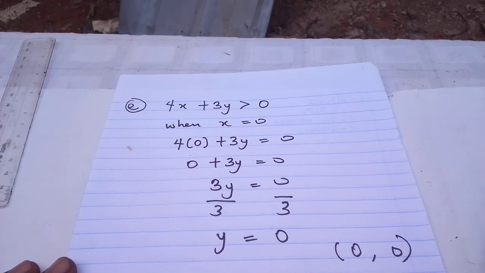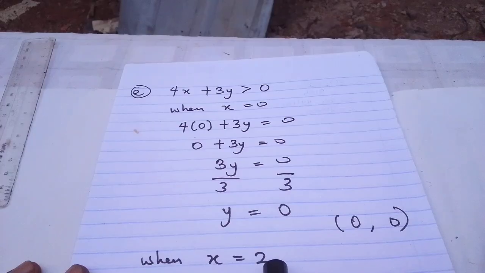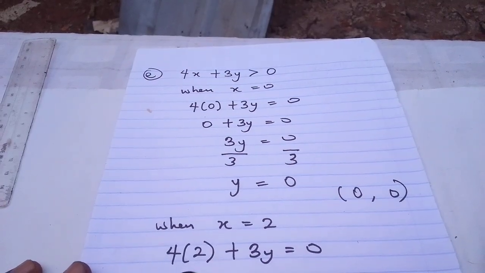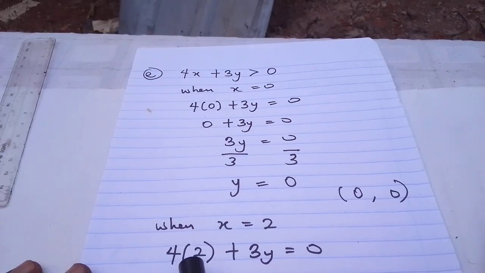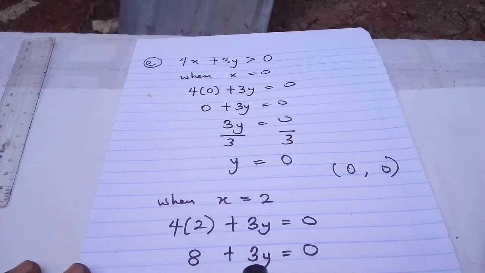So we have picked this coordinate, when x is 0, y is 0. And when y is 0, it is going to give us the same thing. So we need to pick another coordinate. Let's say when x is 2. What will be the value for y? Substituting, 4 times 2 plus 3y is equal to 0. 4 times 2 is 8, plus 3y is equal to 0.